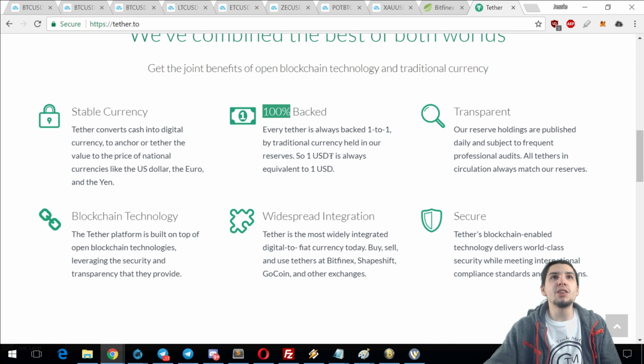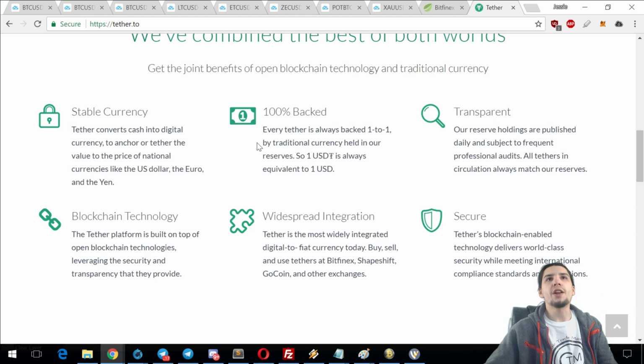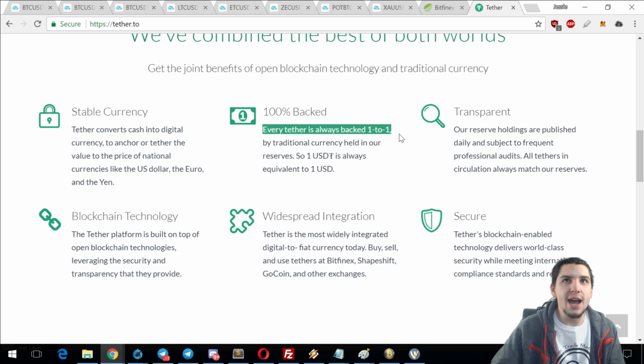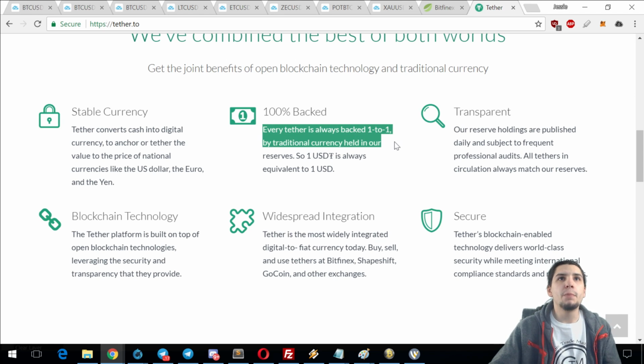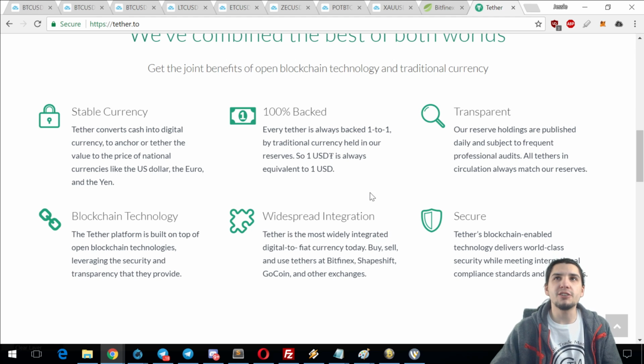But they claim, in double quotations, 100% backed. Every Tether is always backed one to one by traditional currency held in our reserves. So one USDT is always equivalent to one USD. And I'm going to show you the point of concern with that soon.